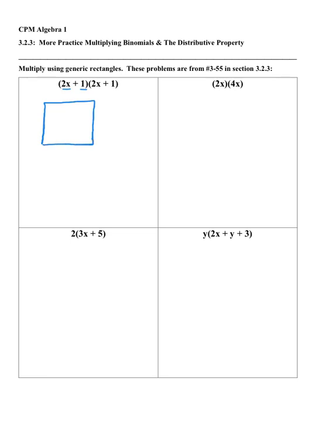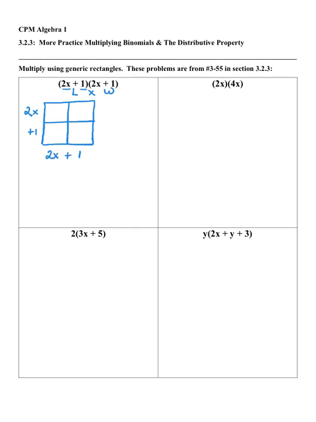Remember, the two binomials being multiplied together represent the length and the width of this generic rectangle. So maybe on one dimension, we have 2x plus 1, and on the other dimension, we also have 2x plus 1.